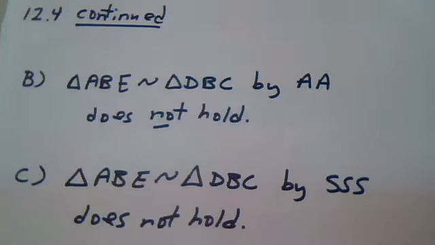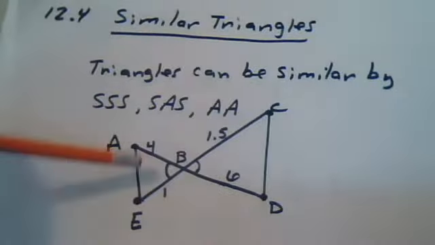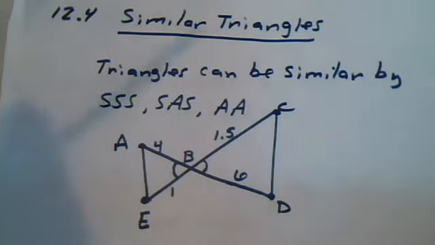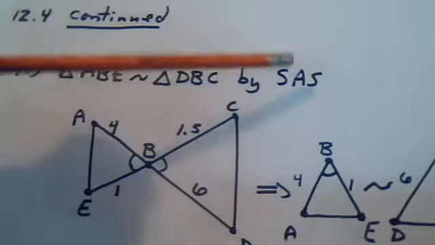So yes, those two triangles are similar, the original triangles. These two triangles are similar by SAS. And that was part A. This is true.